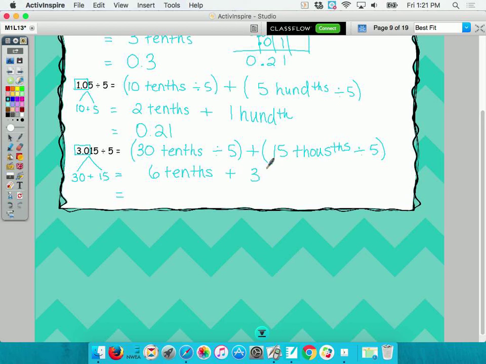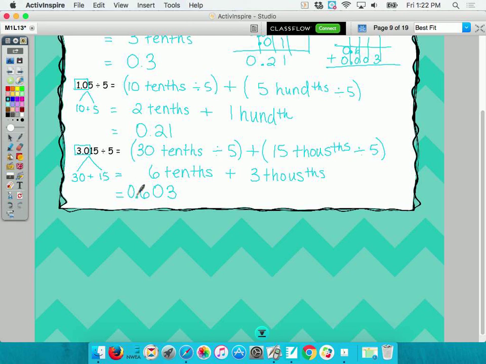3 thousandths. Now, I want to look at the place value chart. So I've got 6 tenths plus 3 thousandths, and I'm going to draw it right up here real quick. So what's my answer, Yosin? 6 tenths and 3 thousandths.